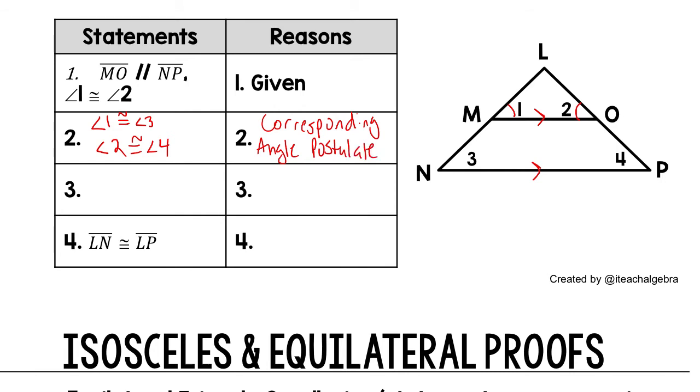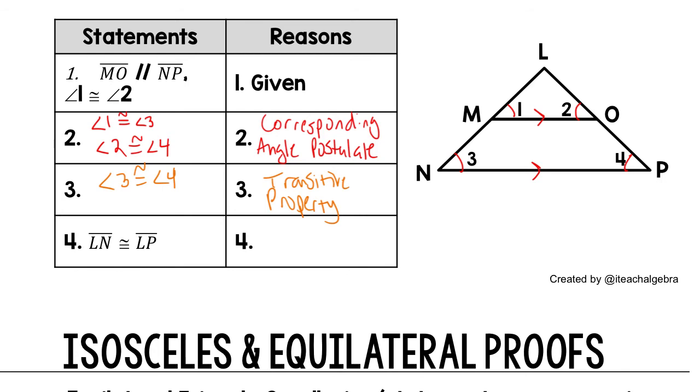Let's mark those on here. All 4 of those angles are going to be the same. Now, we can also say that angle 3 is congruent to angle 4 because of the transitive property. We know that angle 1 is congruent to angle 3, angle 2 is congruent to angle 4, and angle 1 is congruent to angle 2, so that means angle 3 has to be congruent to angle 4.